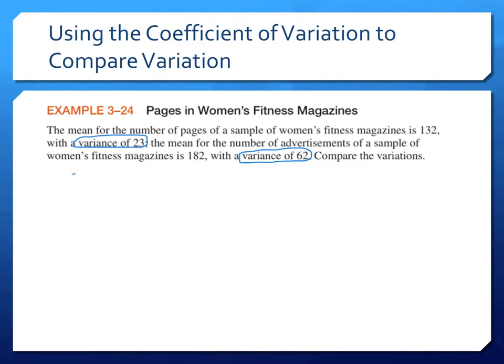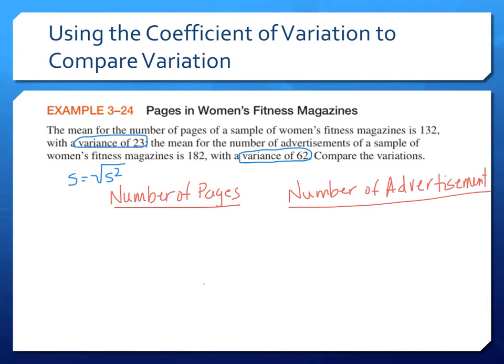So remember, standard deviation is the square root of the variance. All right? Okay, so let's go back to our formula. CVAR equals s over x bar times 100.